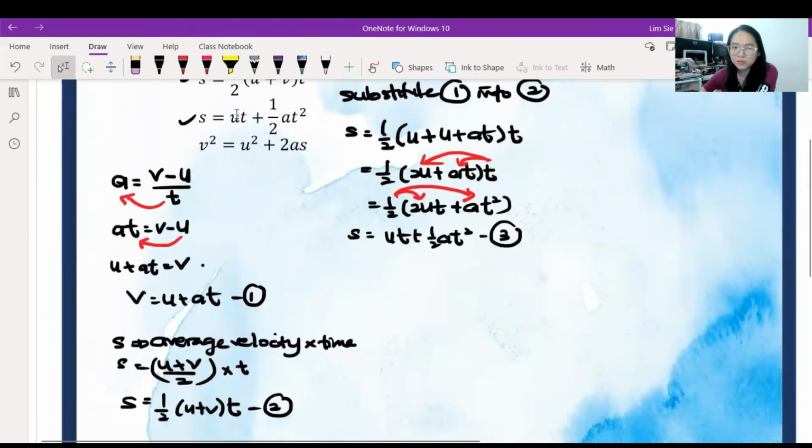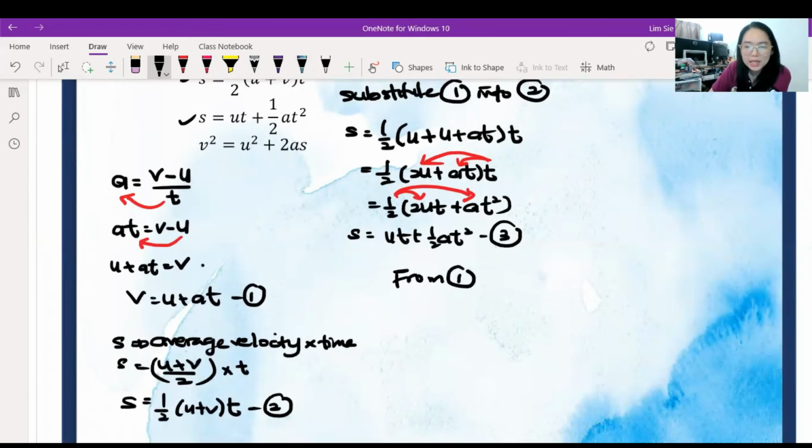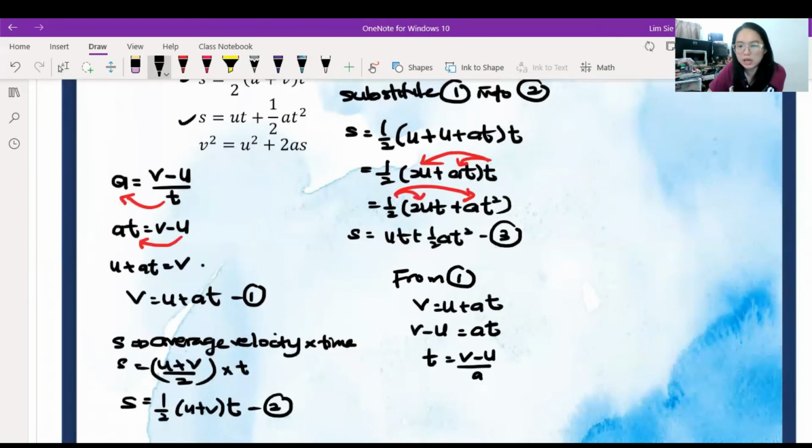In the fourth equation I do not need T, so I'll use the first equation and rearrange it to make T the subject. From 1, V is equal to U plus AT, V minus U is equal to AT, and then T is equal to V minus U over A. This is how I get my T.